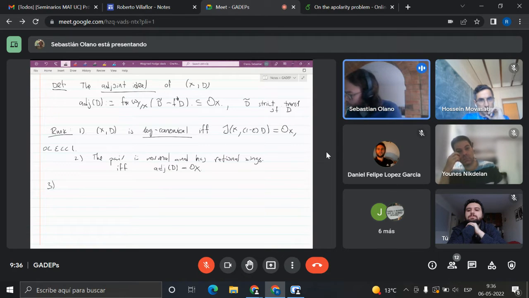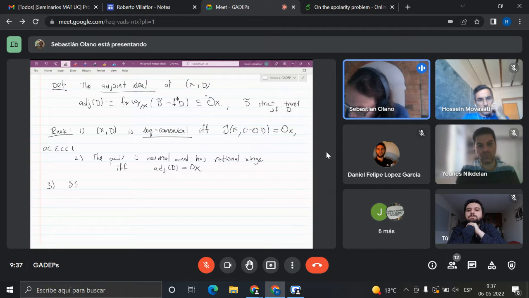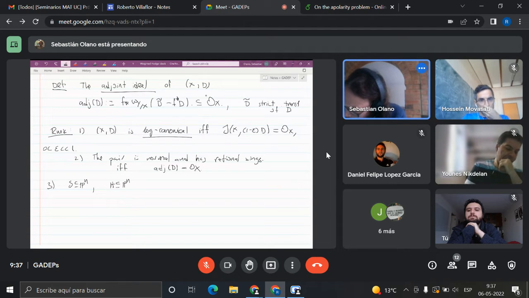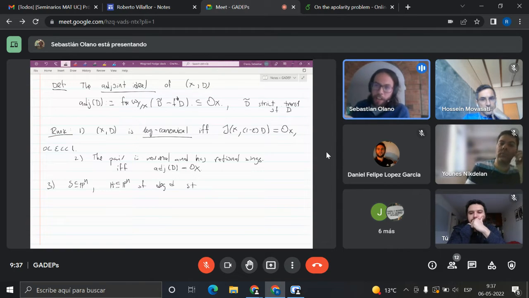Suppose you have a finite set S in projective space, and you can find a hypersurface in P^n of degree d such that at each point of S the hypersurface has high multiplicity, meaning the multiplicity at x is larger than or equal to k for all x in S. Then, using multiplier ideals, if these multiplicities are high enough, we can find a hypersurface of lower degree that contains all of these points.